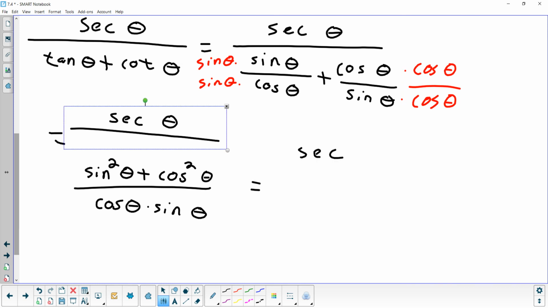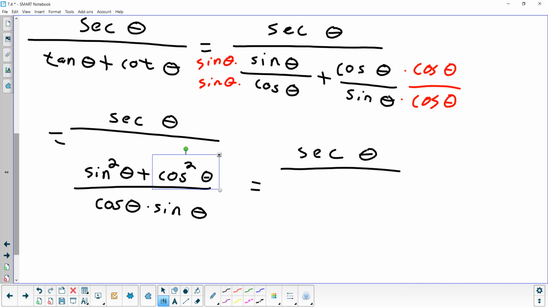I'm still not 100% sure what I want to do with that yet. Secant divided by, what's sine squared plus cosine squared? 1. I probably would have done that in the previous step, and I wouldn't have rewritten it another time just to do that one thing. Otherwise, if you rewrite every single step one at a time, you're going to end up copying a lot. But if you want to see everything done out, then that's fine.